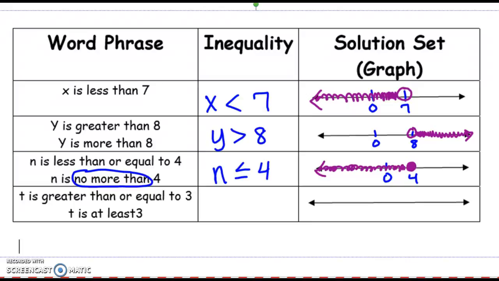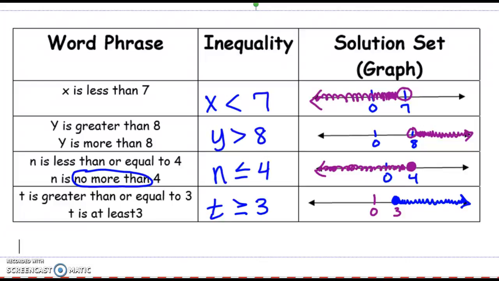So we'll do the last one. T is greater than or equal to 3. So, 3, oops, I reversed my colors. So I'm going to use the number 3 because that's equal to 3, so that will work, along with all of the numbers greater than 3.